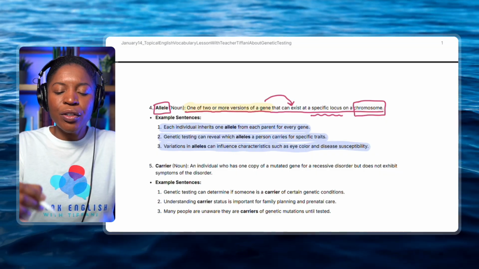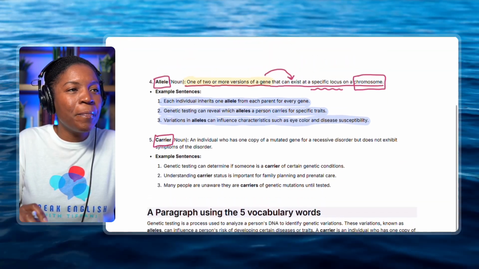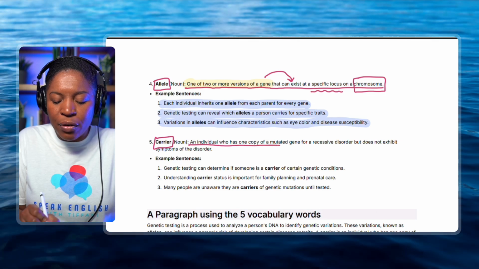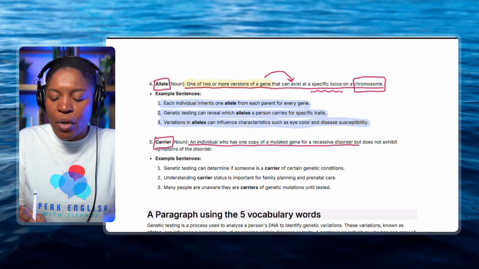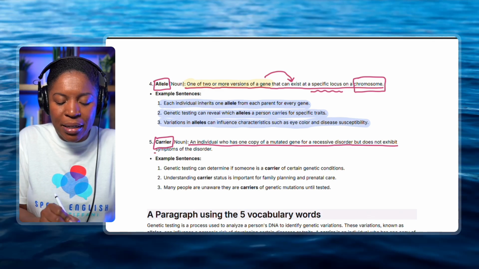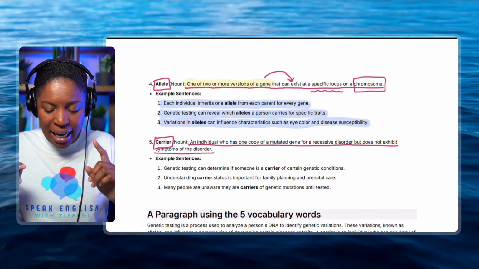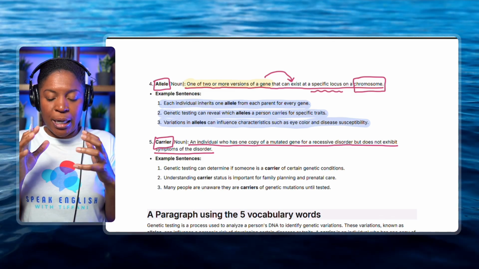What is a carrier? So a carrier just refers to, let's get it on the screen, here we go, an individual who has one copy of a mutated gene for a recessive disorder, but does not exhibit symptoms of the disorder. Again, has a copy of a mutated gene for a recessive disorder.